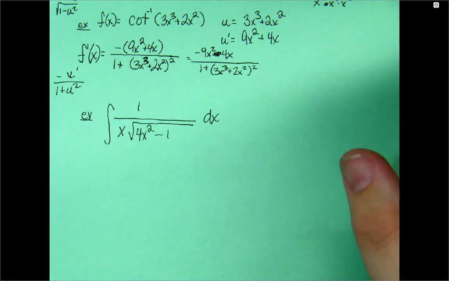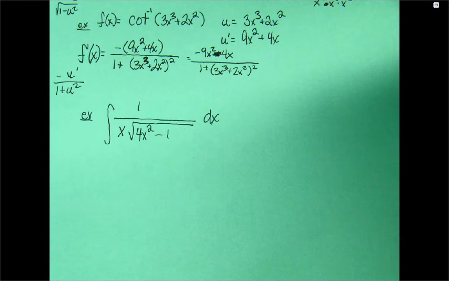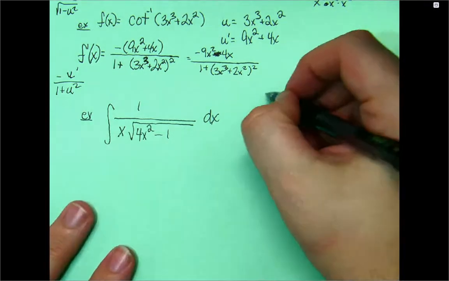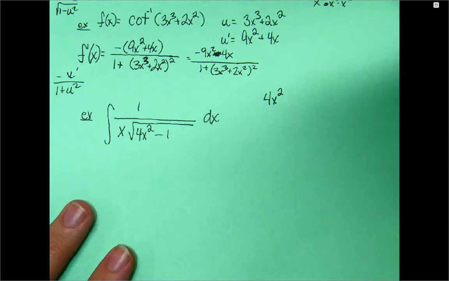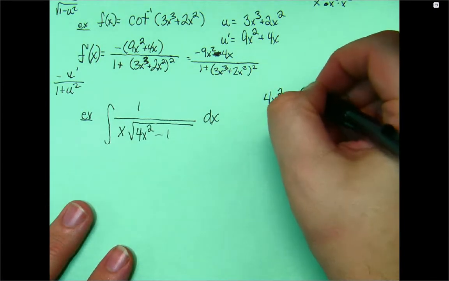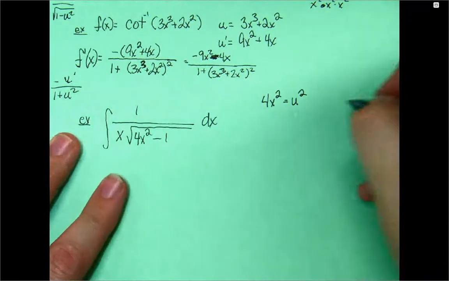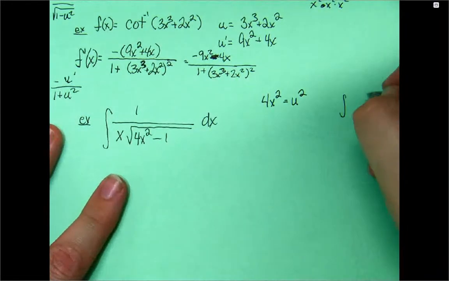But we have to make sure that everything is in order. Now, the 4x squared, this is equal to u squared. Do you agree? Because the integral is du over u times the square root of u squared minus a squared.